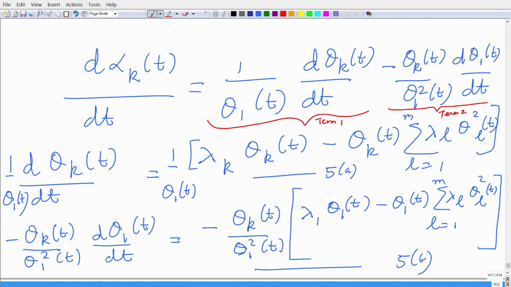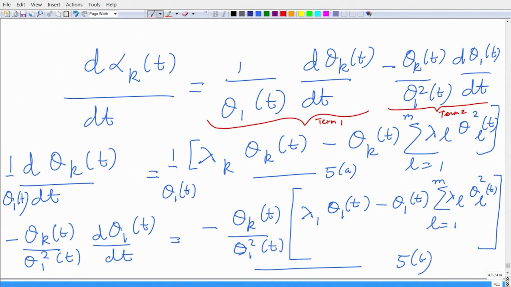I have done this derivative earlier. So, therefore, it is basically lambda k times theta k of t minus theta k of t times summation l equals 1 to m lambda l times theta l square of t, right. I have gotten this from my governing differential equation there.